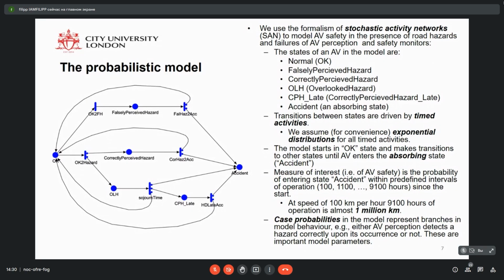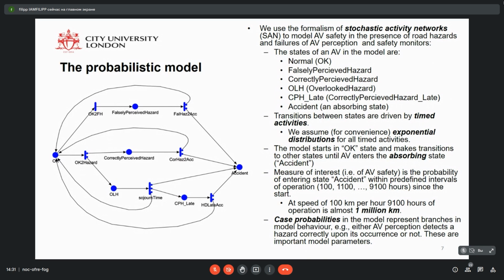The choice of these numbers is relatively arbitrary, but what we are saying is, when exactly within the 100 hours we don't care. We're interested whether at the end of this 100 hours there has been an accident. In other words, the model entered the absorbing state accident or not. And similarly for the remaining.